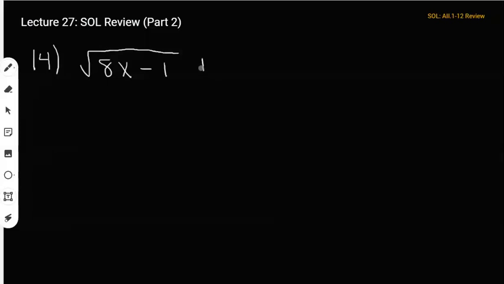And that plus 4 is going to be on the outside of the radical. So to solve this equation, the first thing I need to do is get rid of this plus 4. And I can do that by subtracting 4 from both sides.